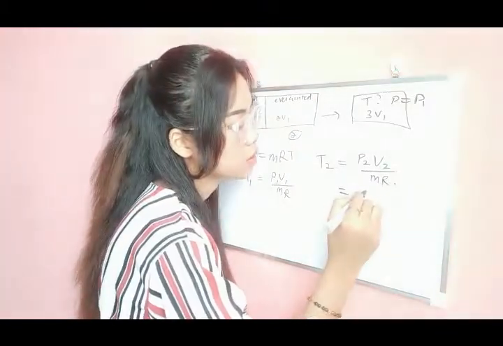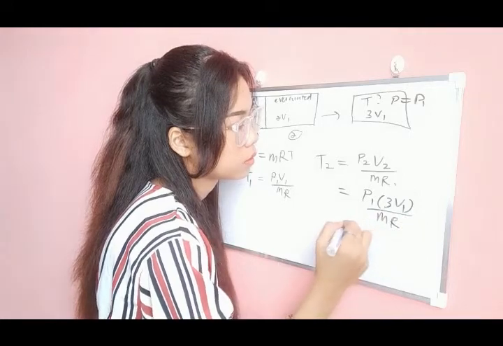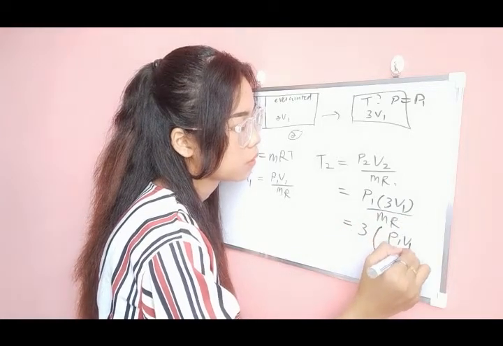So we will get P1 times 3V1 over MR, equals 3 P1 V1 over MR.